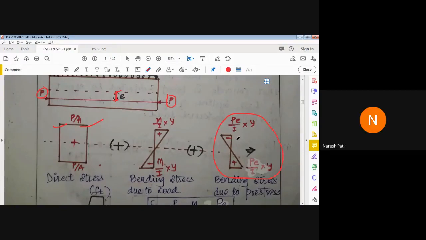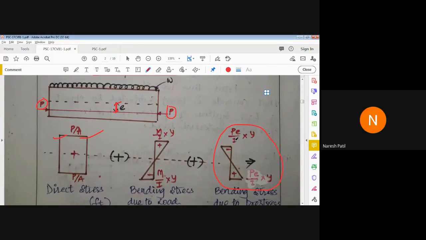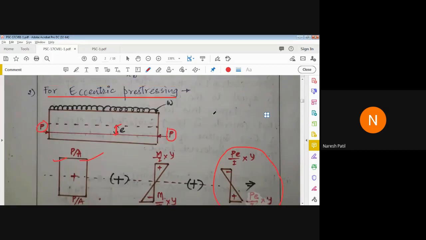So what will happen here in the beam? In the first or second session, I told how the beam will bend if the location of cable changes. Yes, very good.